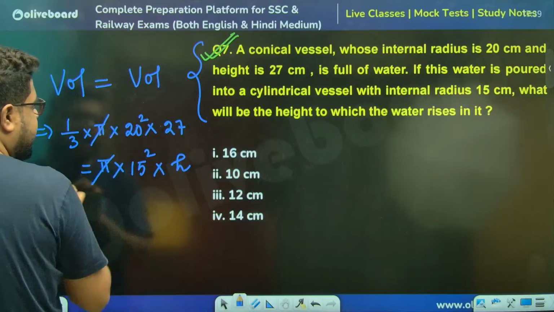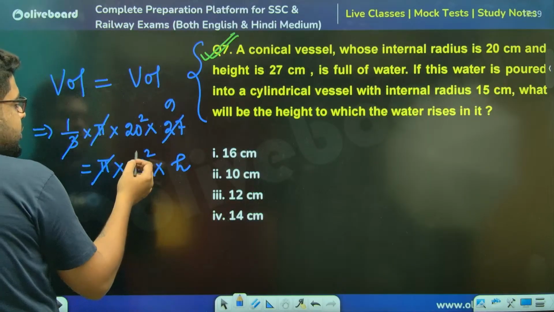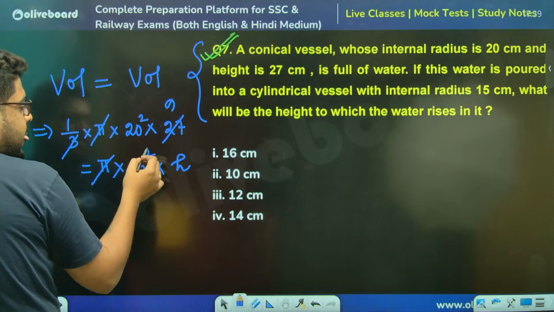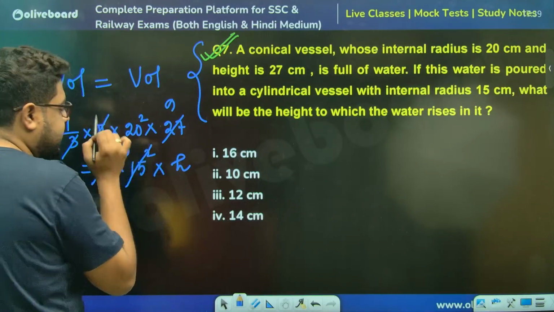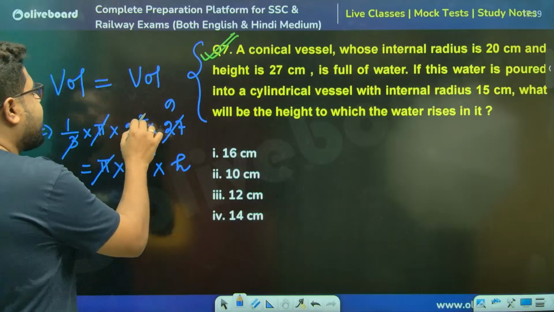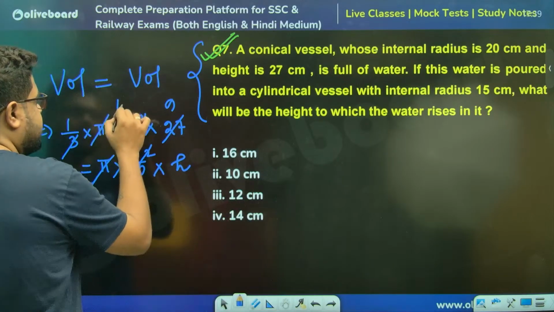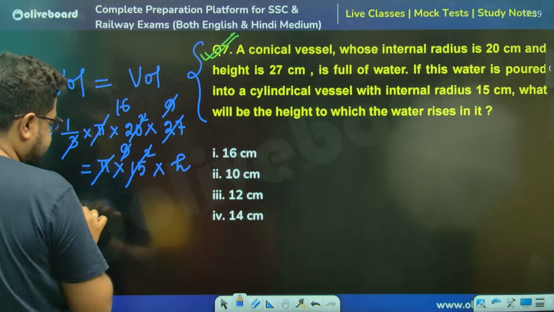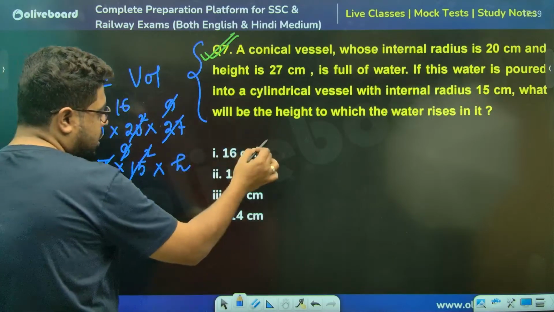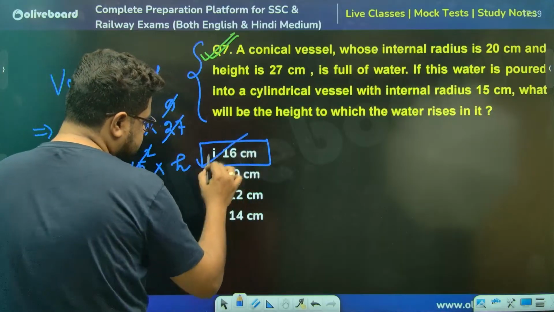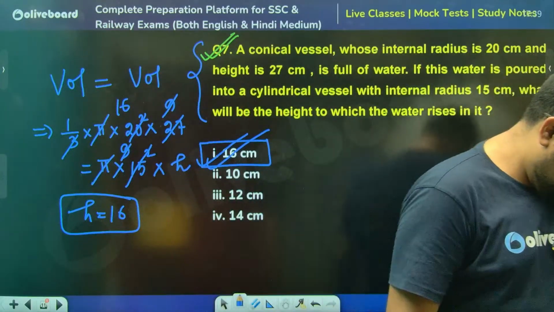Sir, pi cancels, 3, this is 9. Sir, 5, 3, 5, 3, 9. Sir, this is 5, 4, 5, 4. So this is 16 directly. This 9 cancels, h becomes 16. So the answer is option number 1, 16 centimeters. Done. Two lines, sir.